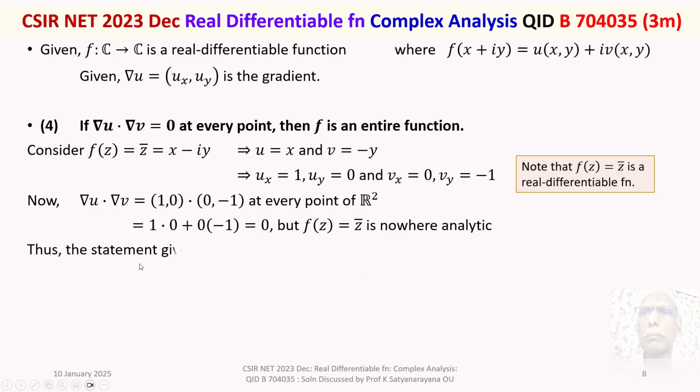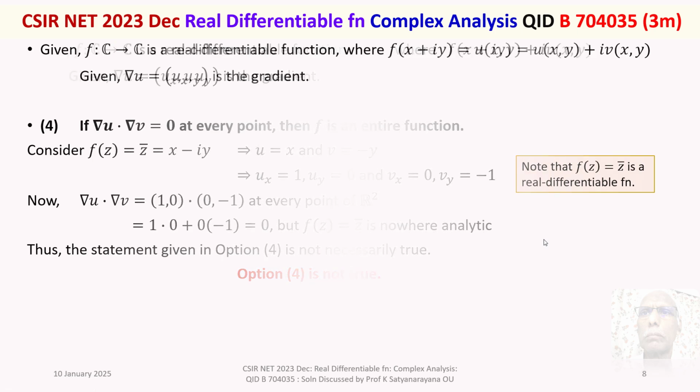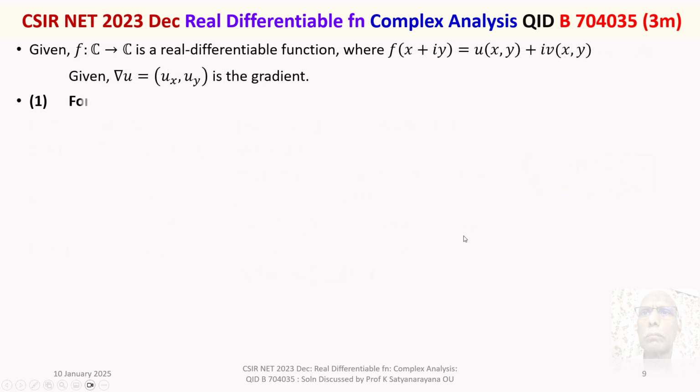So, the statement given in option 4 is not necessarily true. Therefore, option 4 is not true. Remember, real differentiable functions which are not complex differentiable stand as the counterexamples here. We move on to the next option.